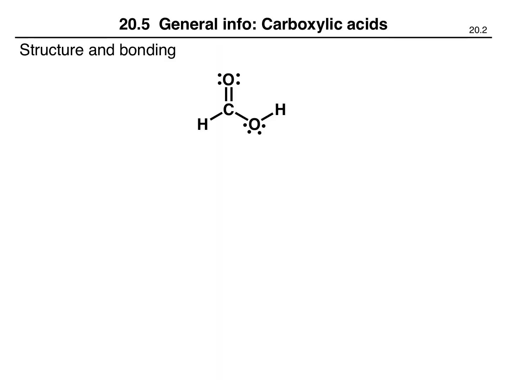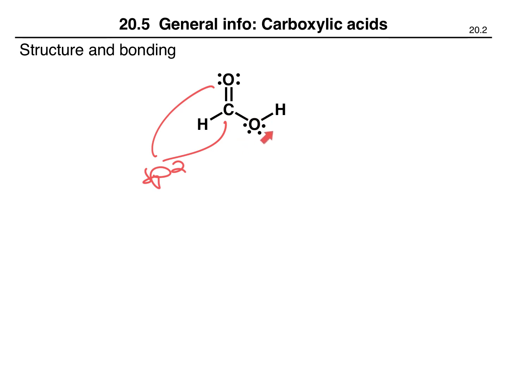Now, when we look at carboxylic acids, it's important to think about the structure and bonding because that is going to help explain a lot of the properties. So we know that the carbon and the oxygen are both sp2 hybridized. And so we'll be talking about 120-degree bond angles.